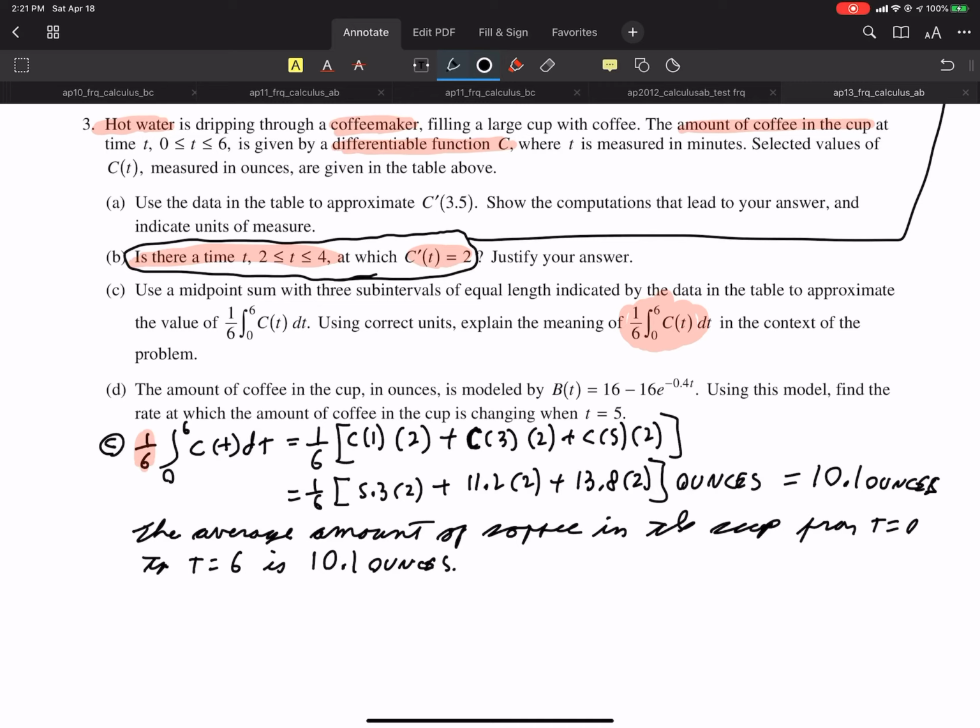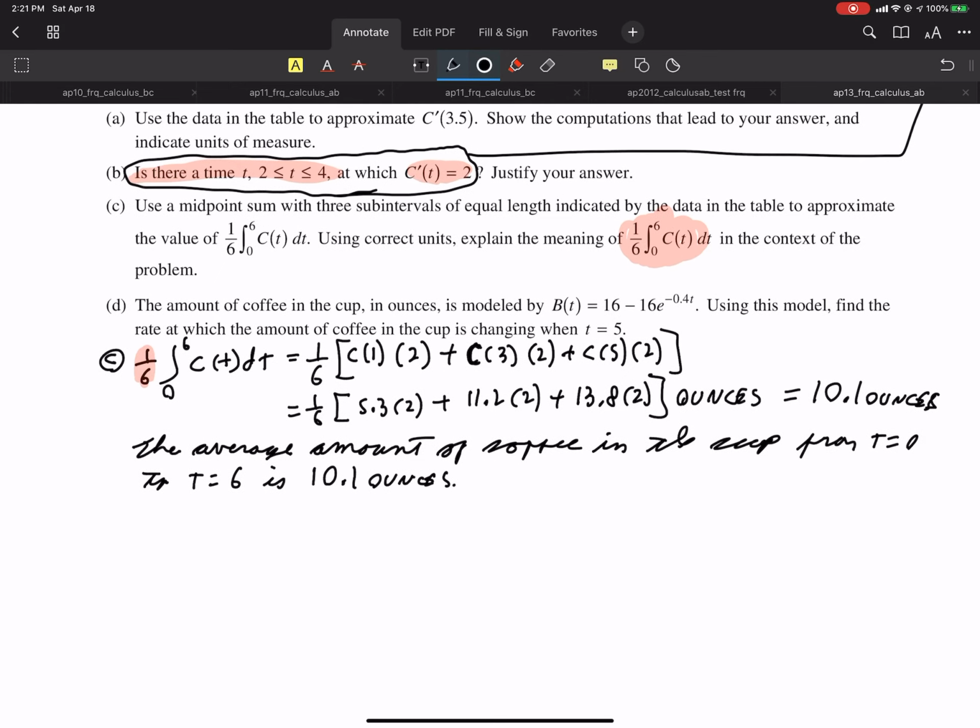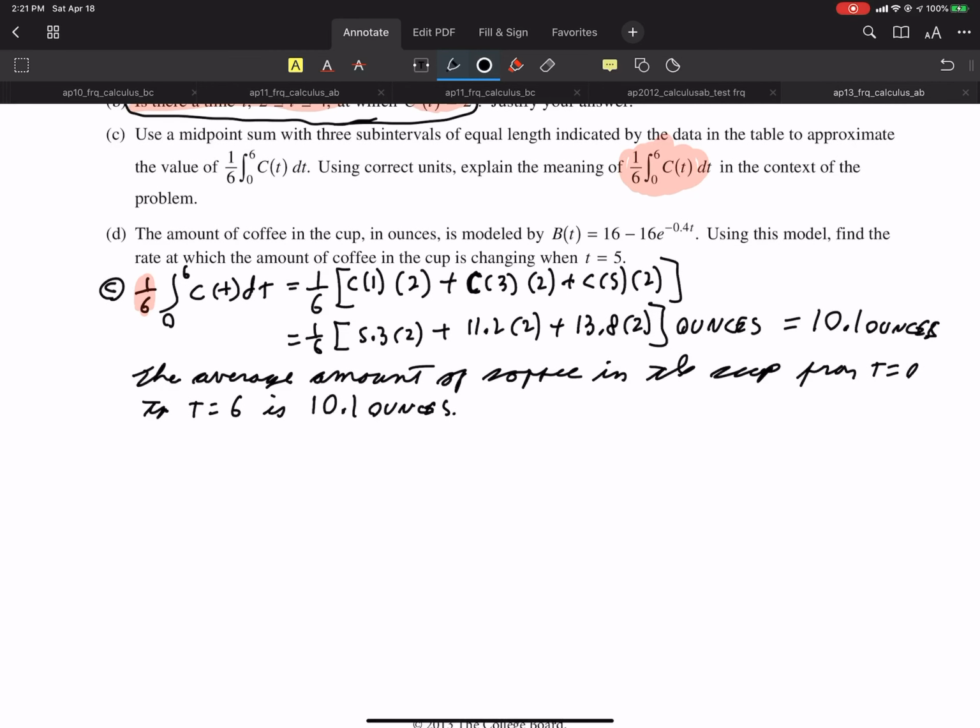So let's do part D. The amount of coffee in the cup in ounces is modeled by, so we have a new function that models the amount of coffee. So before we had a data table, now we actually have a function. Using this model, find the rate at which the amount of coffee in the cup is changing at 5.